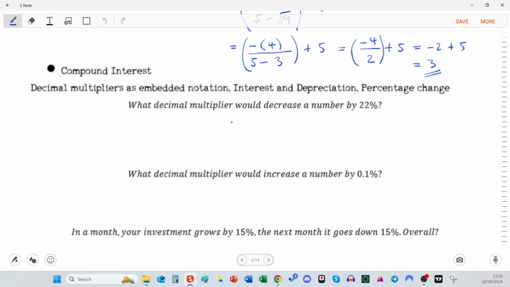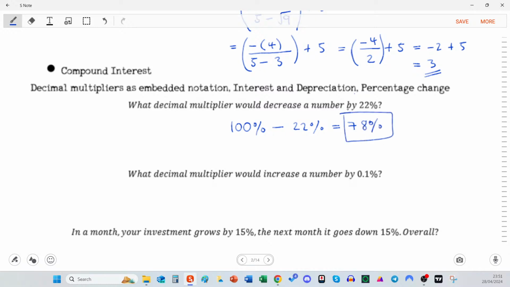So what decimal multiplier would decrease a number by 22%? So let's say the original number is 100%. And we want to decrease it by 22%. This is the original route that most people take. They find this and then they take it away from the original amount. But what I'm interested in is what is the final overall result I'm looking for. If I took away 22% from 100%, that would leave me with 78% of the original number.